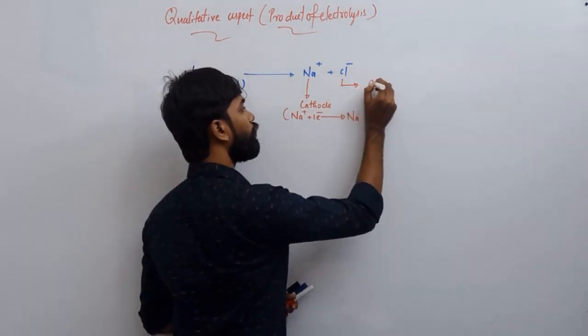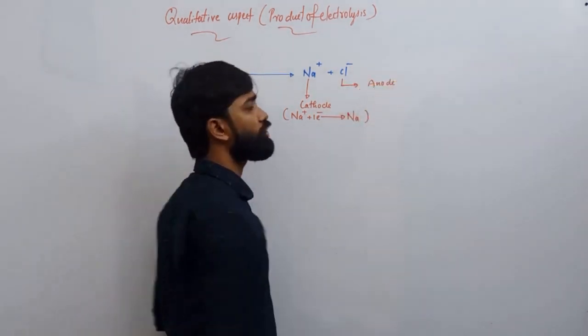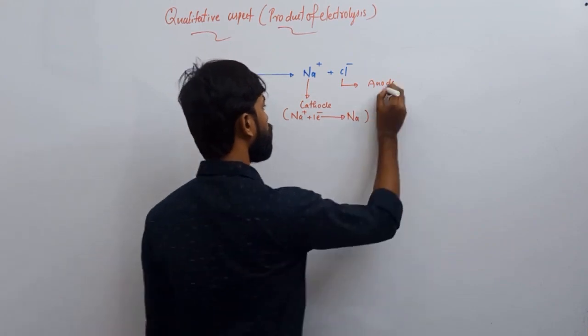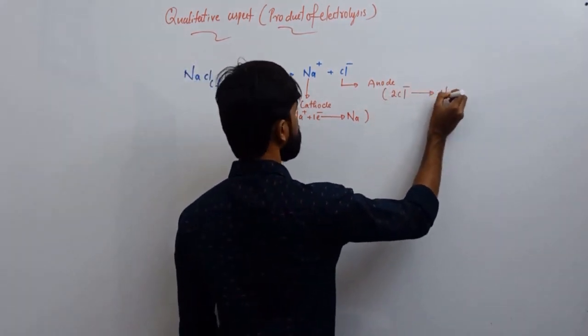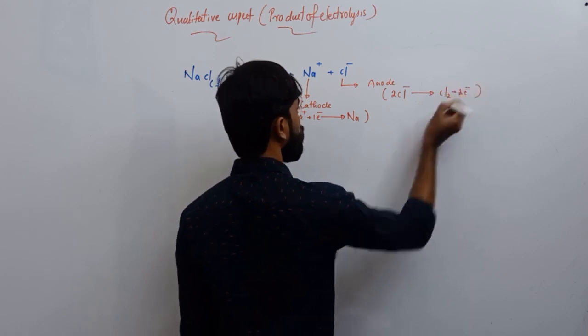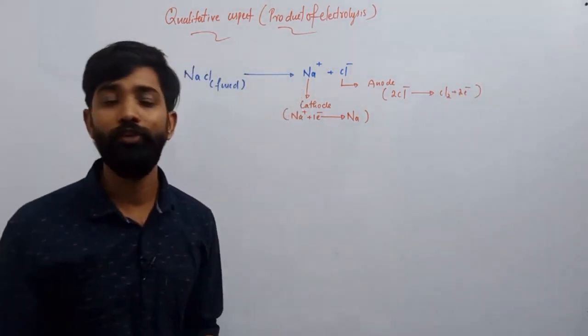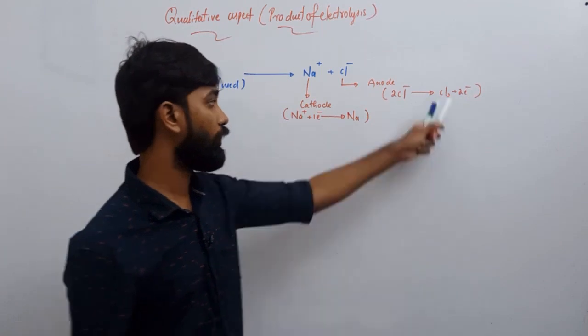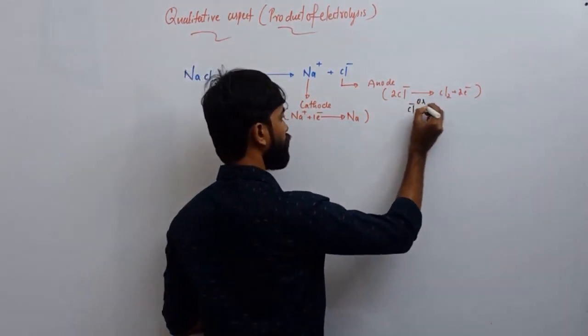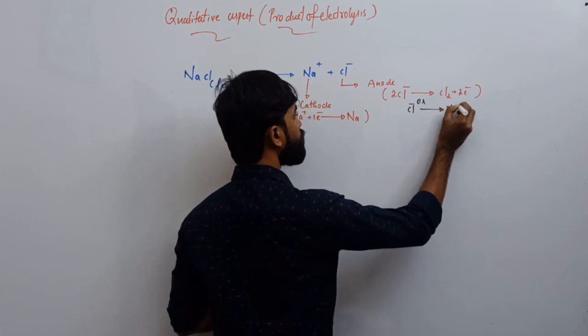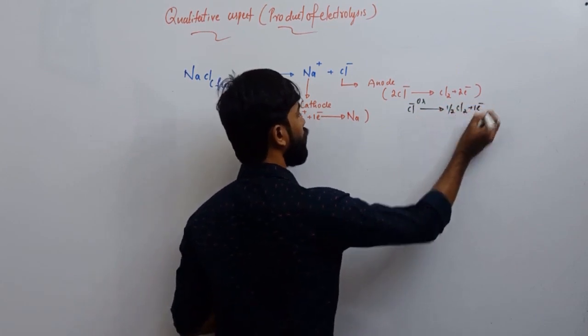Cl- attracts towards the anode, and the reaction is simply Cl- becomes Cl2 plus 2 electrons, because we all know that halogens exist in diatomic form. Or this can be written in this form also, a single Cl- which becomes half Cl2 by the liberation of 1 electron.